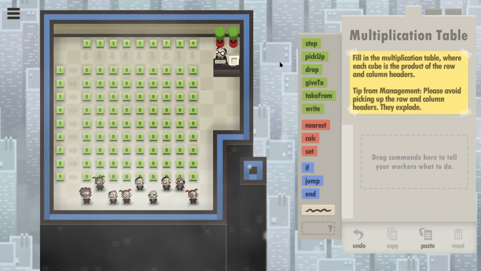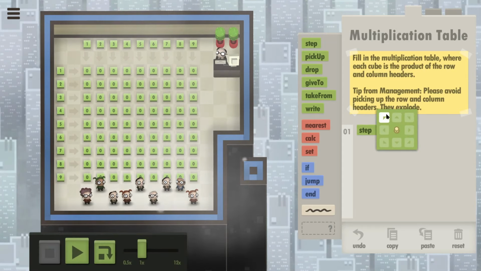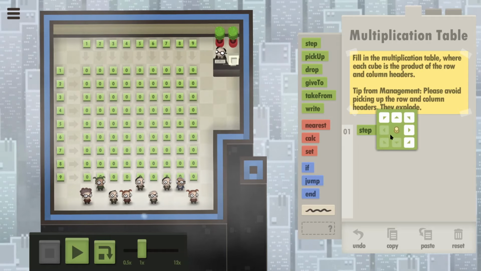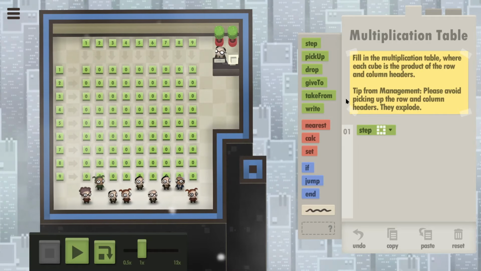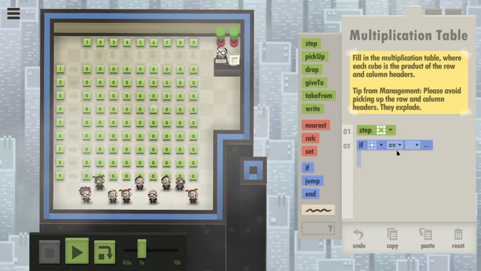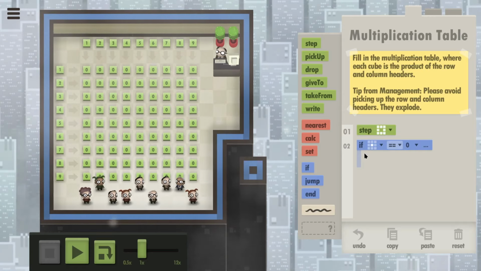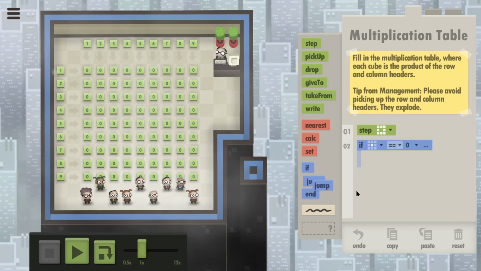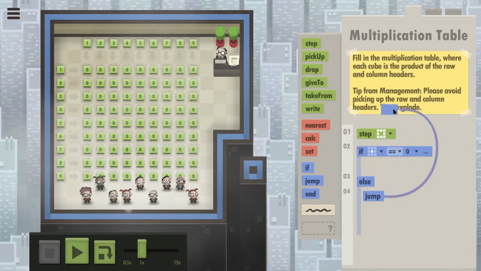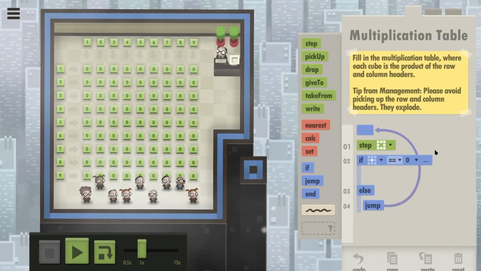We're going to step any direction. If underneath me equals 0, then this, else, jump to here. So that's our initial step. Basically walk around until you find a 0.